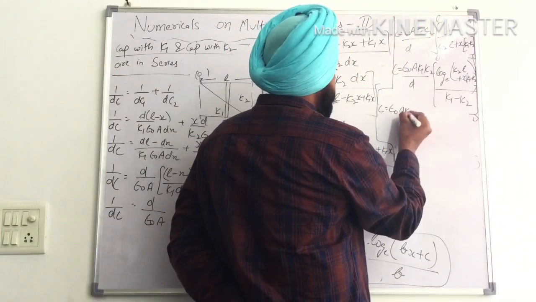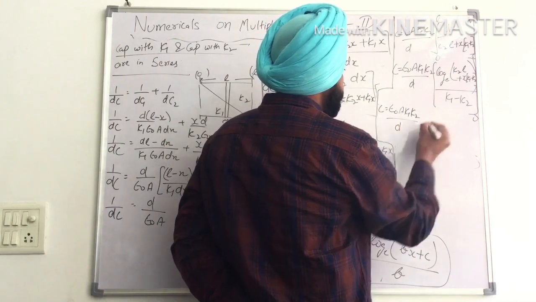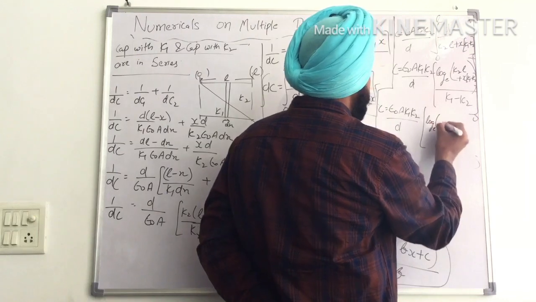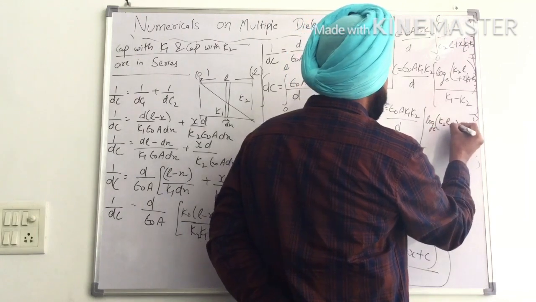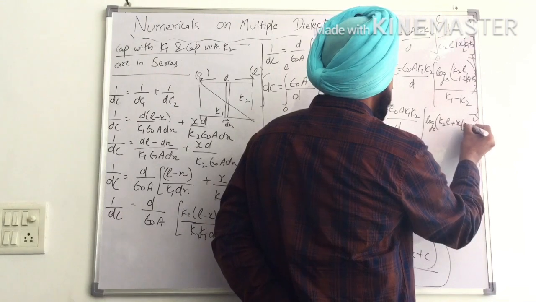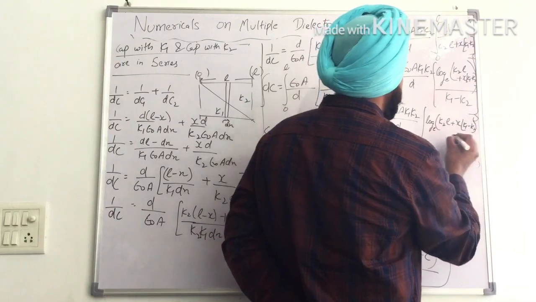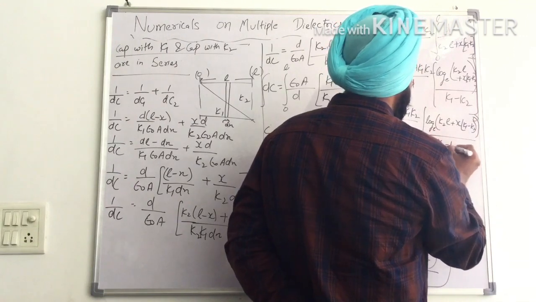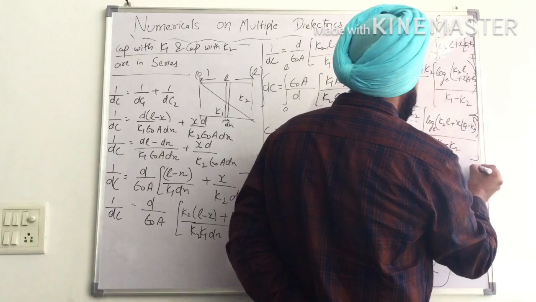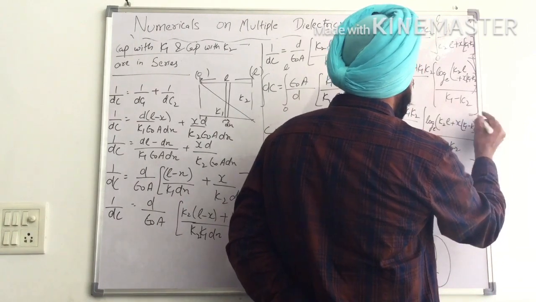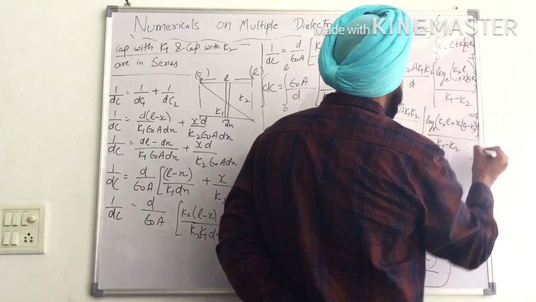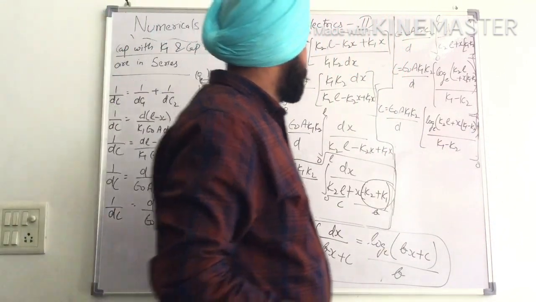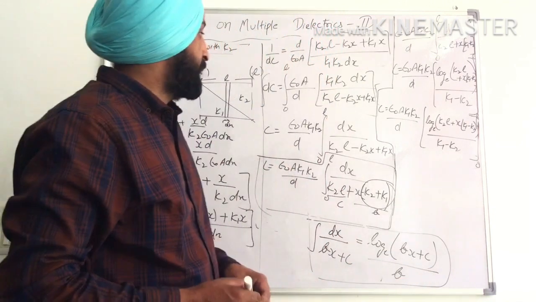So epsilon naught A K1 K2 by D, log base e of K2L plus x(K1 minus K2), over K1 minus K2, with limits from 0 to L. So this is our equation that we now have to solve by substituting the limits, upper limit minus lower limit.